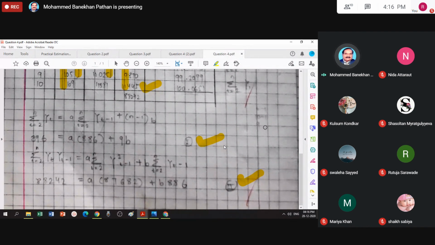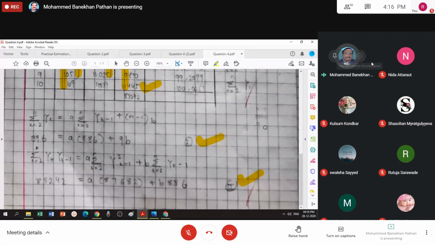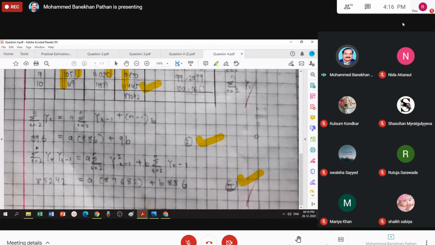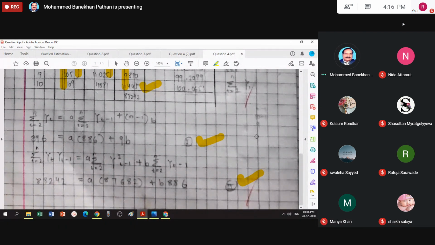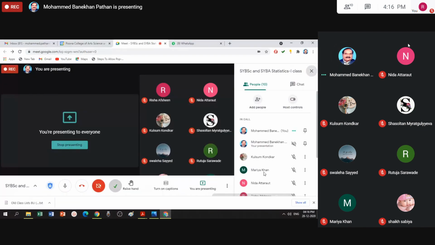Number 2, by using the exponential smoothing method: y hat t equals alpha times Yt minus 1 plus 1 minus alpha times y hat t minus 1. And third is by using the autoregression model of order 1. Today I will stop. If you have any type of doubt, you can ask.